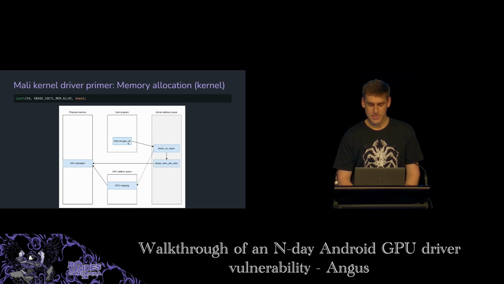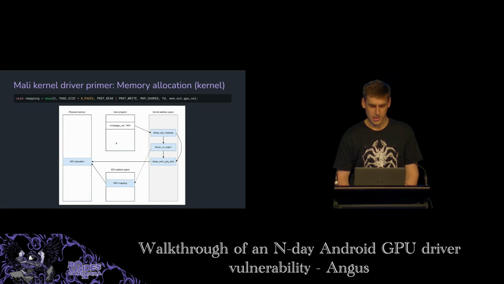Finally, user space is given a GPU VA handle which points to that virtual address region, so that if they want to mmap it later, they can set up a mapping so that user space can access that data. And when they touch that mapping for the first time, remember what I said about demand paging, things aren't actually set up until they're touched for the first time, the kernel will set up a pointer from the user address through to that underlying physical memory.